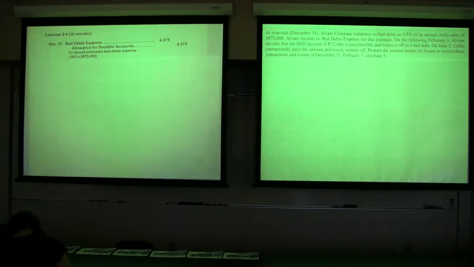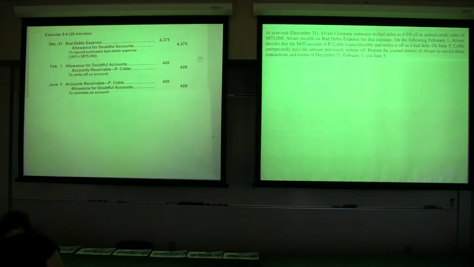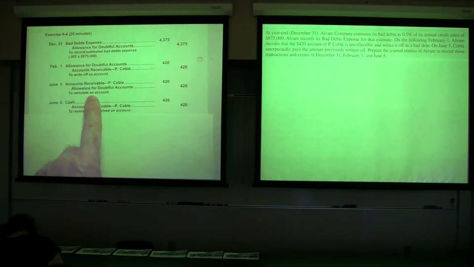Okay, you guys okay with that? Now, here's the write-off, just as before. You debit the allowance and credit the accounts receivable. Here's the reinstatement. This is a two-step process. The first thing you do is reinstate the account by reversing the write-off, and then the second thing you do is you record the receipt of cash.